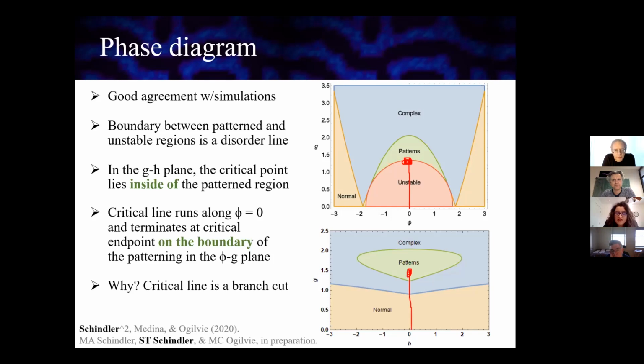In the G phi plane, it's going to be on the patterned region. This is fine because the critical line is just a branch cut. So really here, what we've done is all we had to do was analyze the propagator. And this is enough to figure out where these patterned regions are. And the critical endpoint that we're looking for is always going to be associated with the patterned region.